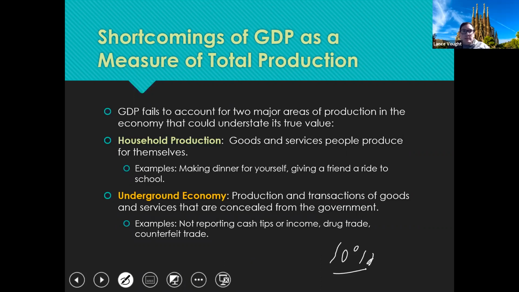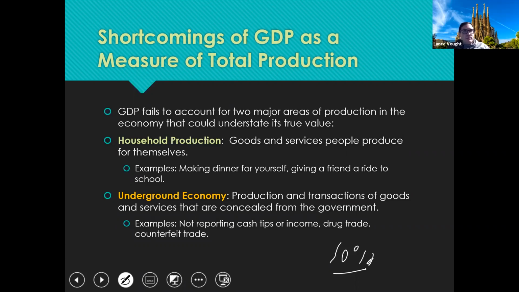So basically, lots of economies have an underground economy that basically understates the true size of an economy because of legal issues or taxation issues. And so the reality is that if the underground economy of the United States or the underground economy of India was an actual economy in and of itself, it would probably be top 5 or top 10 in GDP alone.